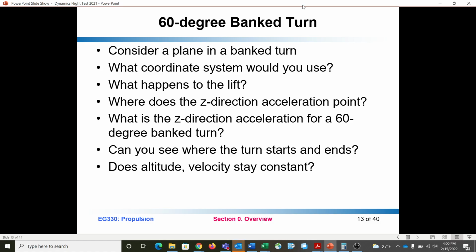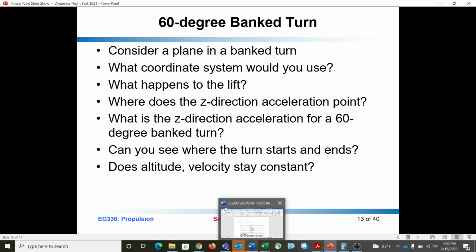What coordinate system would you use? And how does the lift change? Where does z acceleration point? Can we know what the z acceleration is if we know the banked turn angle? Can you see in the data where the turn starts and ends? Does altitude and velocity stay constant?